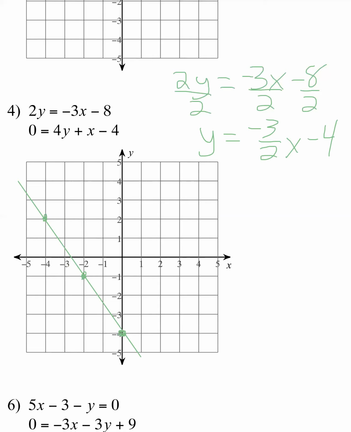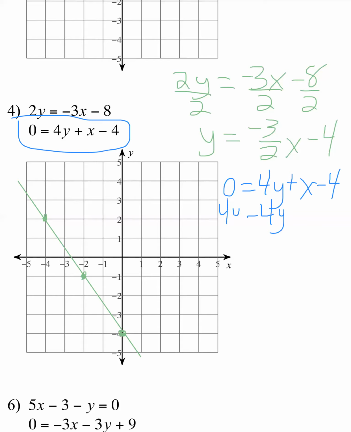And now let's do that bottom one. So we'll switch to blue. And this one, okay, so nothing is on the left. So first thing I would do is I would move that 4y over. So let's minus 4y from both sides. And now I can go ahead and divide everybody by that -4.